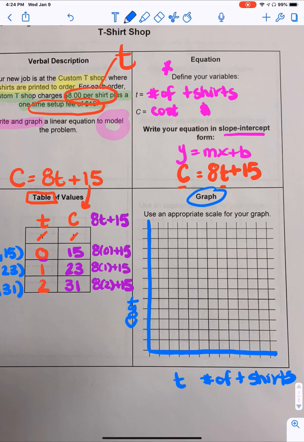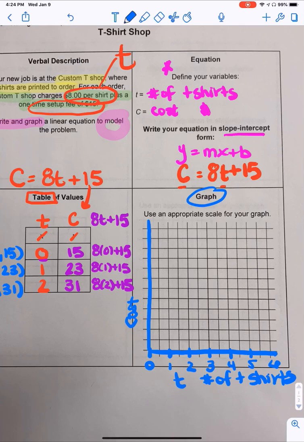Okay, now I need to set this up so I can fit these on here. I have no problem with T. If I make that 0, 1, 2, 3, 4, 5, and 6. I don't know that we're going to go that far, but at least so we can have it. And now I'm going to look at the cost.